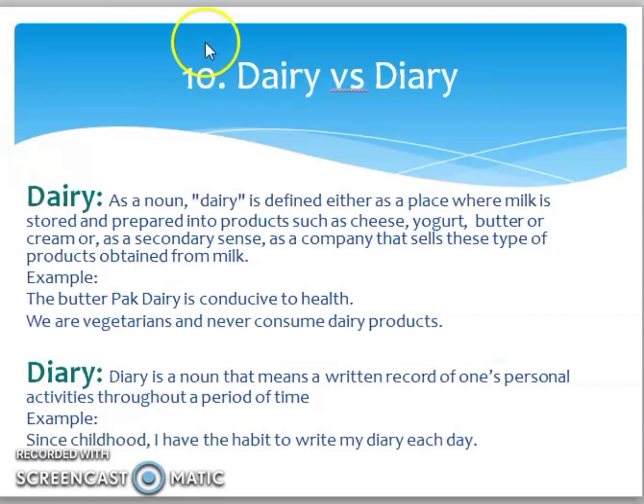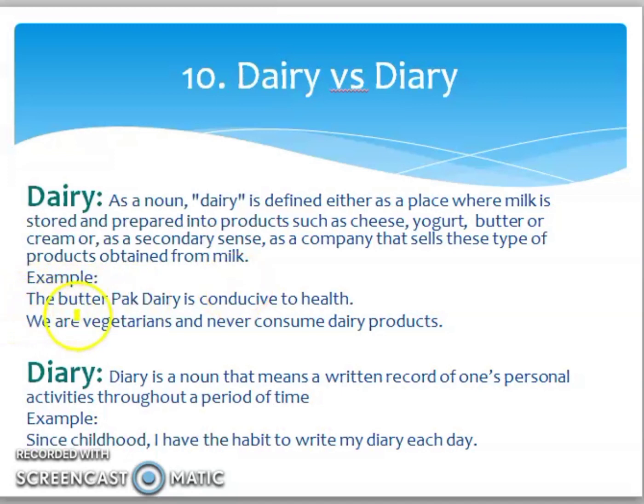So next, this is the last pair we are going to discuss. That is dairy versus diary. So dairy as a noun is defined as a place where milk is stored and prepared into products such as cheese, yogurt, butter, or cream, or as a secondary sense, a company that sells these types of products obtained from milk.